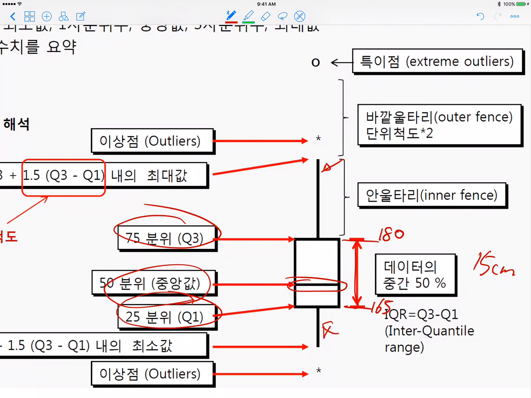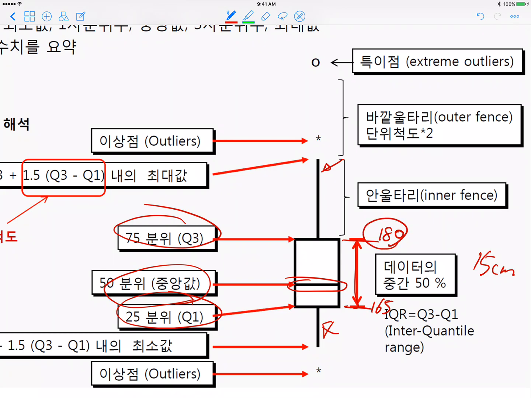Let's study these two narrow lines. How do we determine the length of this line? We computed this interquartile range, which is 15 centimeters, and then we multiply it by 1.5. The number is not very good, but it's 22.5 centimeters, yes.